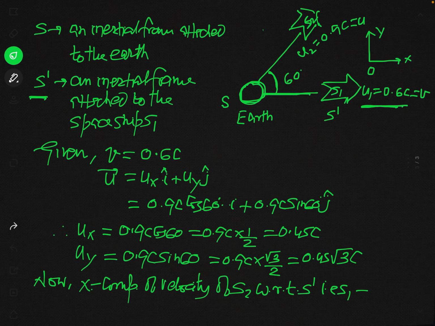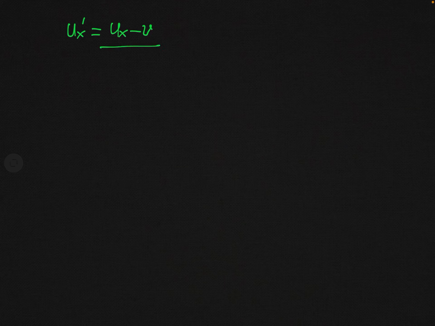So we will actually use here the velocity transformation equation, and you have studied that u prime x is equal to (ux minus v) over (1 minus v over c square into ux). And now let us substitute the values of all the quantities in the RHS of this equation.